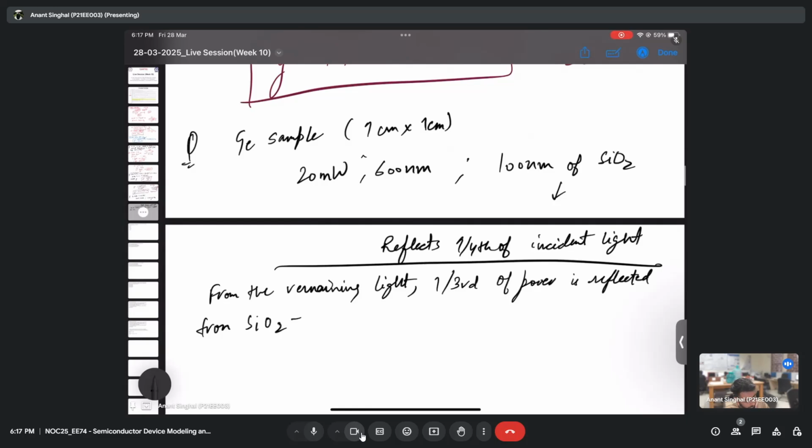So we have SiO2 and then germanium. 1/3 is absorbed in the layer, so germanium is absorbing 1/3, and 1/3 is transmitted through the other side.